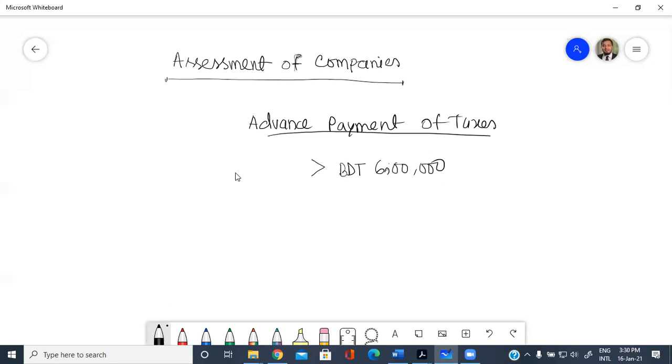Right. Okay. So the dates are similar in case of company advance payment of taxes. I'm not mentioning the dates. You will check which are these dates. Okay. So there is an exception.